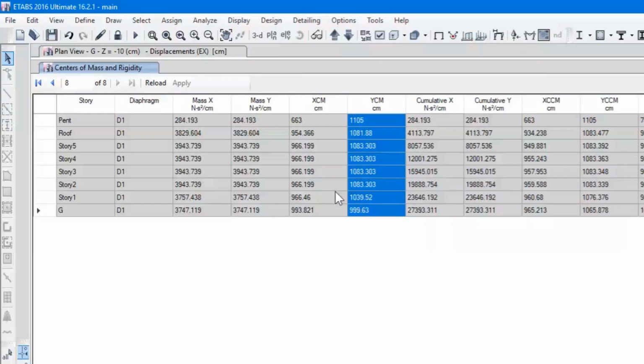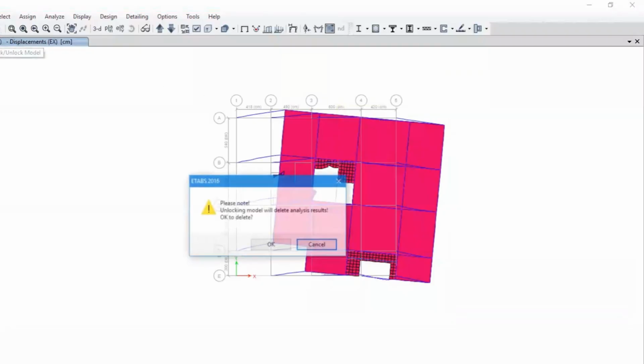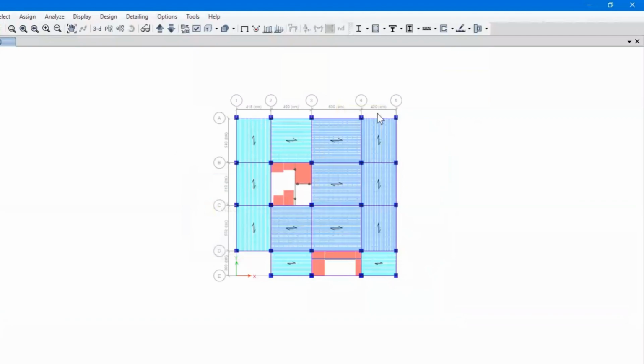In this table, XCM and YCM represent the coordinates of the center of mass, while XCR and YCR represent the coordinates of the center of rigidity. Under earthquake loading in the X direction, the building tends to rotate around the vertical axis because of eccentricity in the Y direction. Similarly, earthquake loading in the Y direction creates torsion because of eccentricity in the X direction.